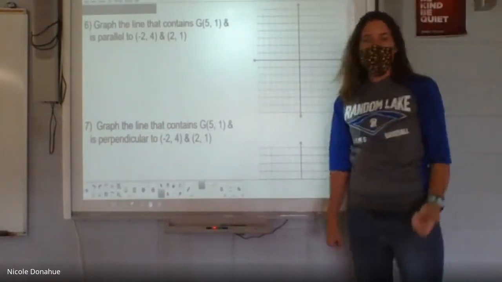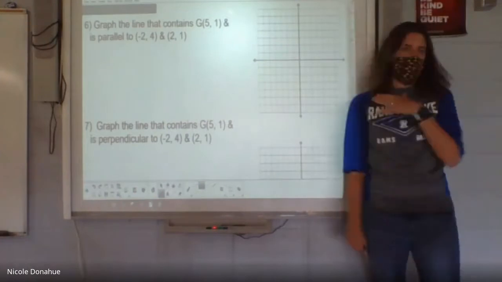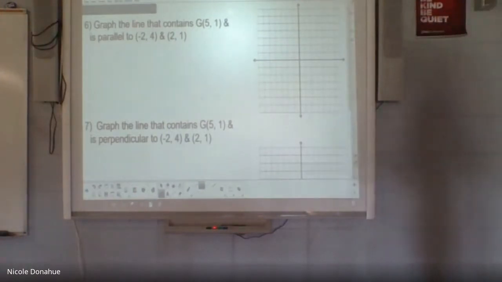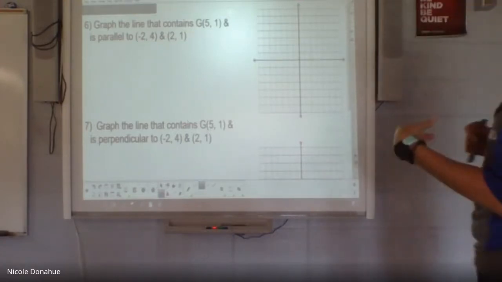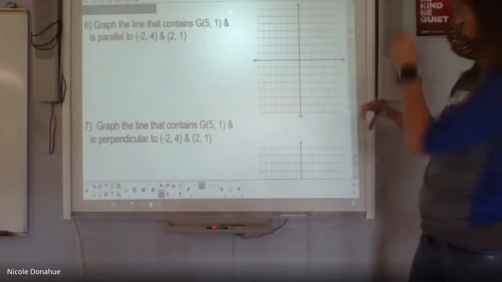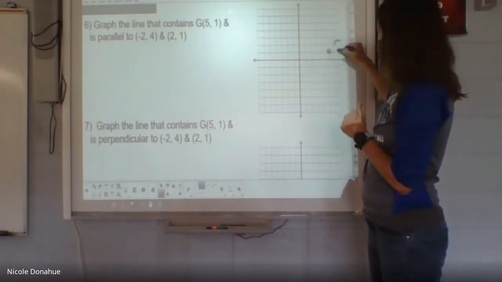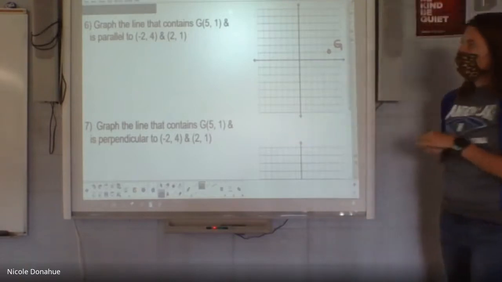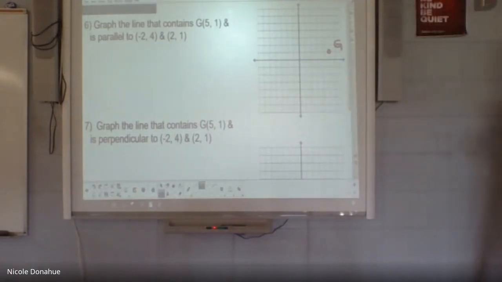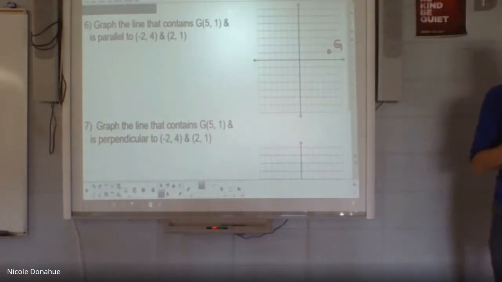All right, so part of our homework today will be to do some graphing, being able to graph a line with specific information. It says graph the line that contains G. So I'm going to put G on the graph. So here's G, and the line is parallel to the line that goes through (-2, 4) and (2, 1).